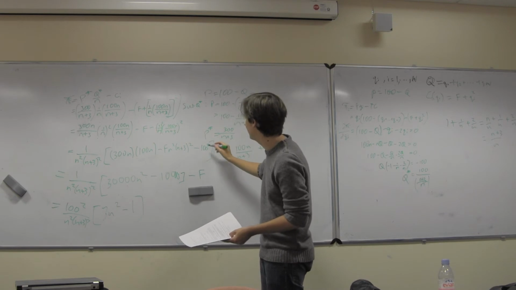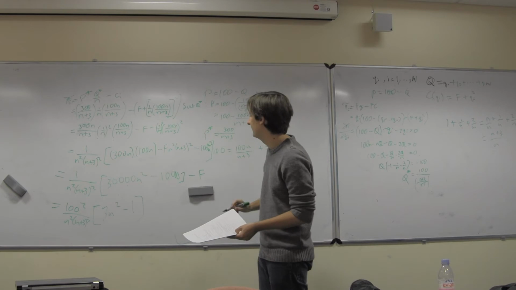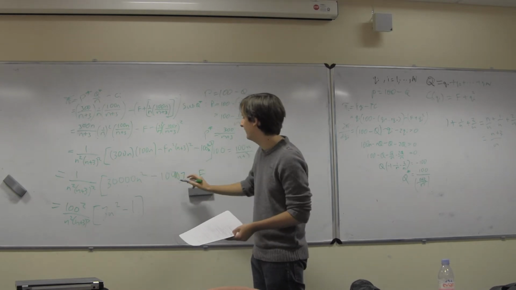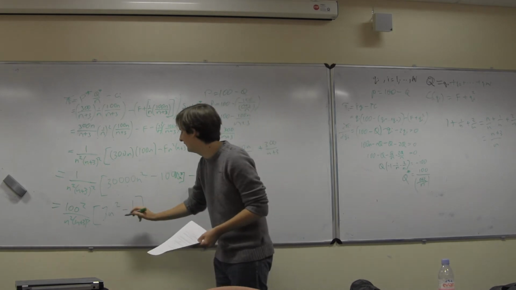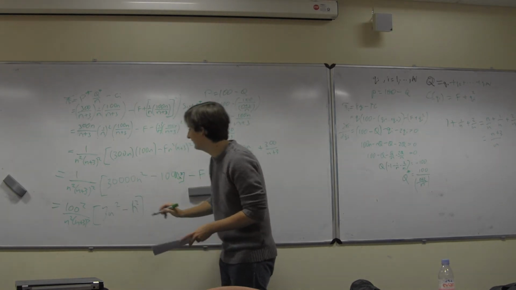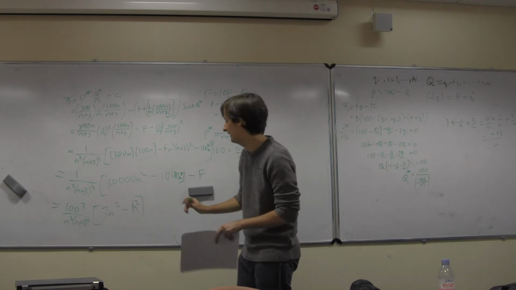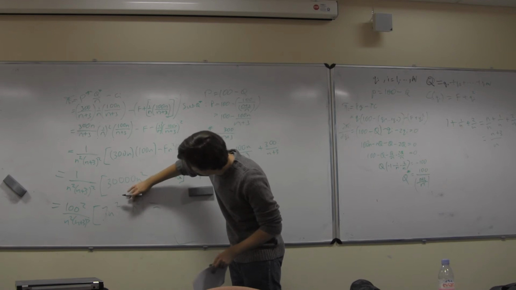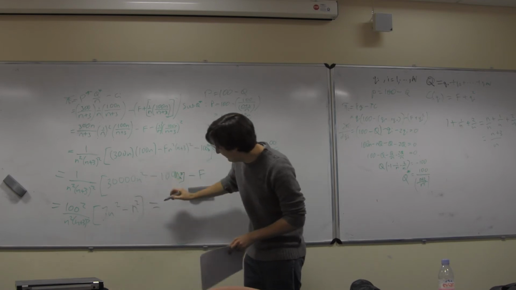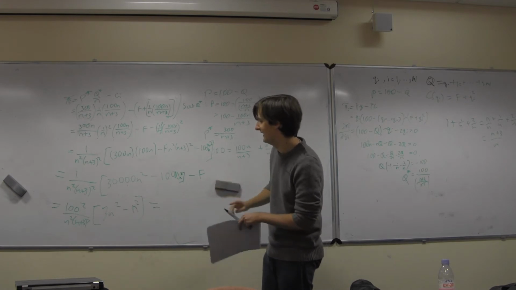Okay, so this is now 100 squared n squared. So this is 300,000 n squared minus 100,000 n squared, which is 3n squared minus n squared. So that's just 2n squared. Okay, that looks a lot neater. Any question you get should have a neat answer.